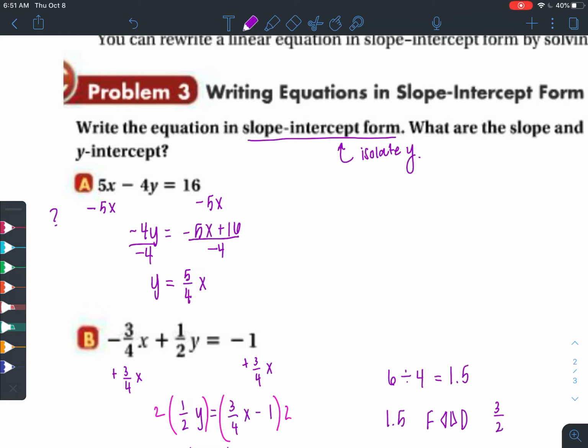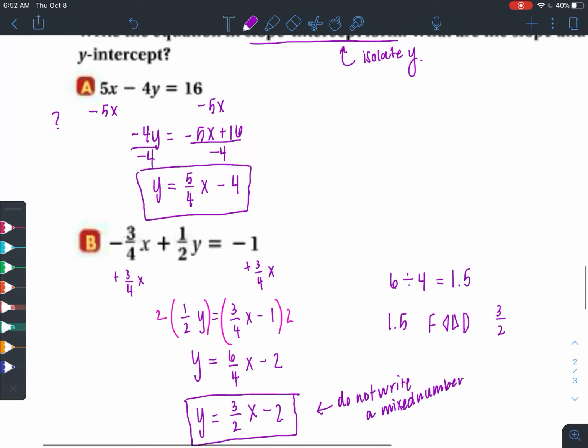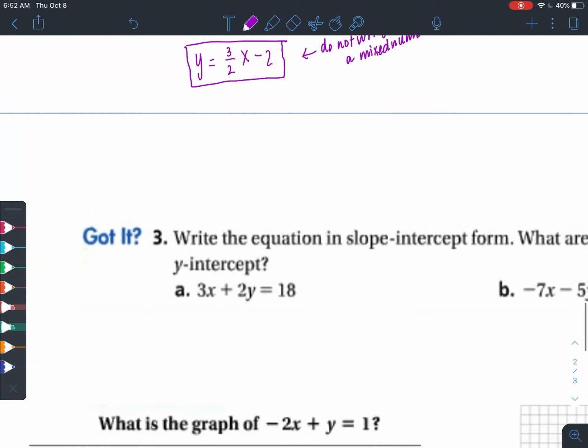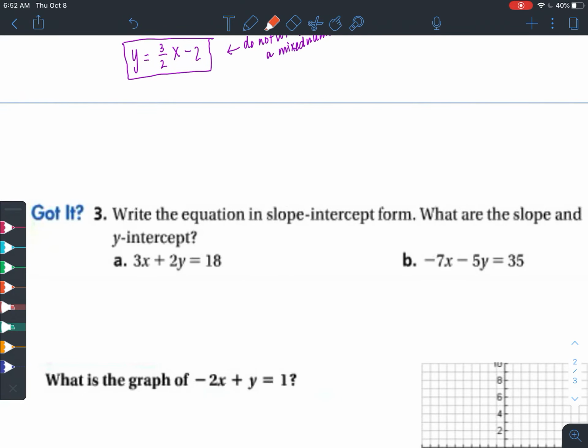We can leave it as a fraction. And then 16 divided by -4 is -4. So that right there is our answer. All right, I'm going to save these examples to do together in class.